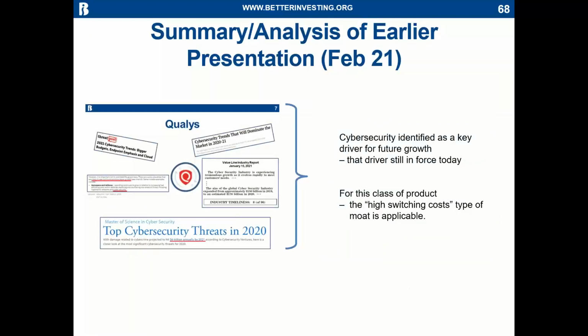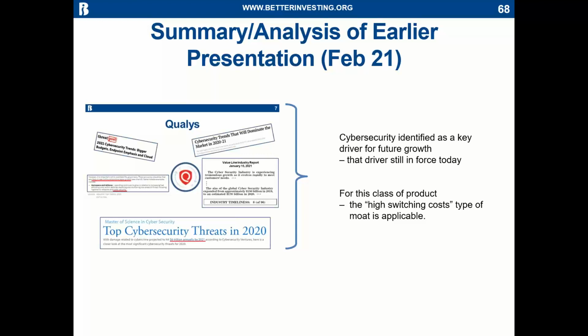So one of the things I'm doing with my two presentations is looking at some of the macro assumptions that I made when this stock was presented. It's one thing to take a look at detailed analysis of estimates for earnings and sales and things of that sort, but I personally depend a lot on whether there are major forces at play that will influence the stock's performance going forward. So for Qualys, one of the key factors is that it is a major player in the area of cybersecurity.